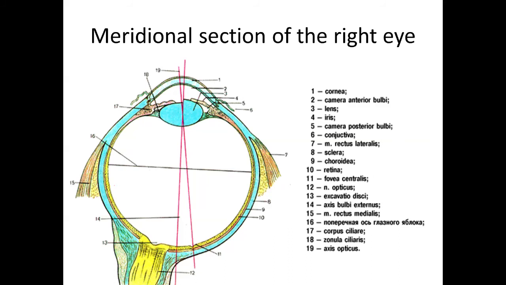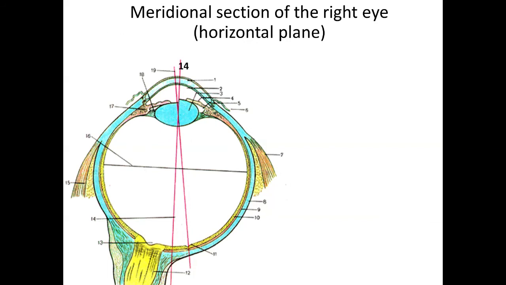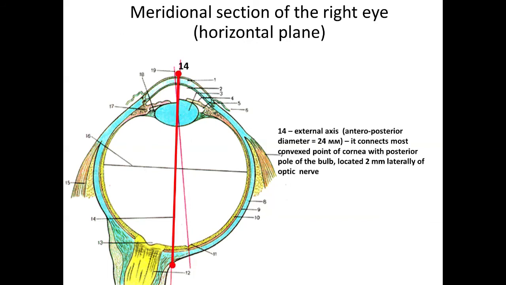All 360 meridional sections should be the same for the eye bulb if we look from the internal surface, except for the positioning of the discus nervi optici. And now again let's return to designation number 14, the external axis of the eye bulb. Or we can say it is the anteroposterior diameter, which is 24 millimeters.